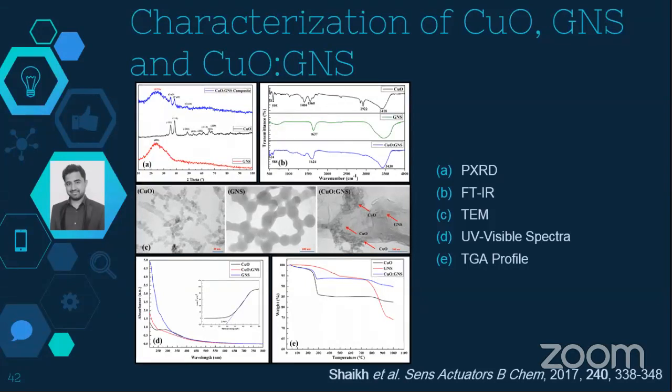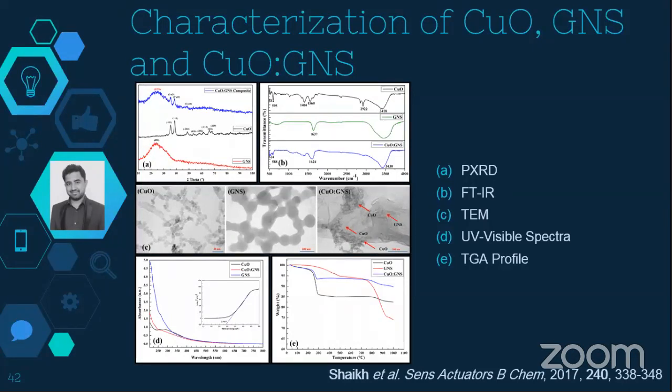Then we see the blue color plot, that is for the composite of copper oxide as well as GNS. So you can see both the red and black peaks all combined together in the blue peak, which is the composite of copper oxide and GNS. Then FTIR also suggests the same thing. Formation of this composite is very well formed.